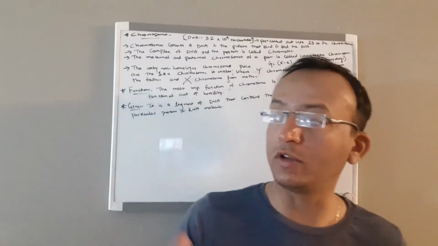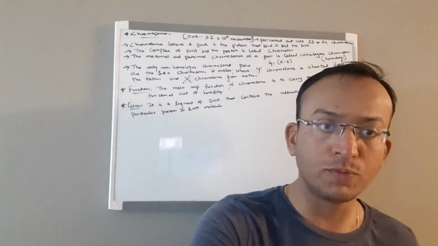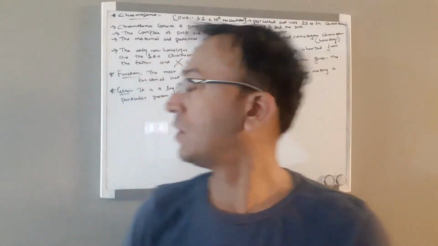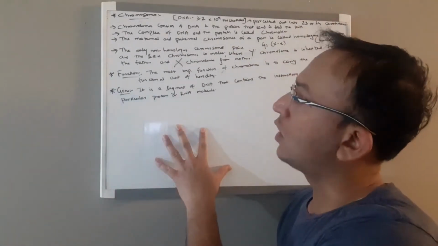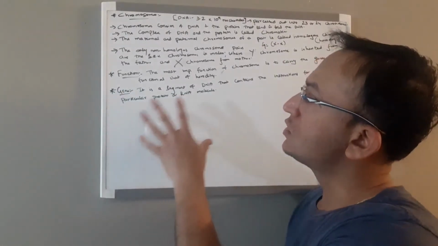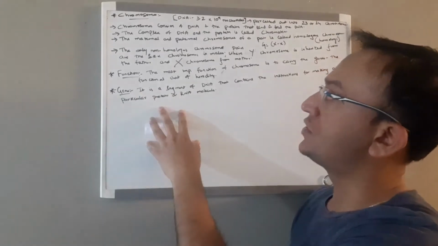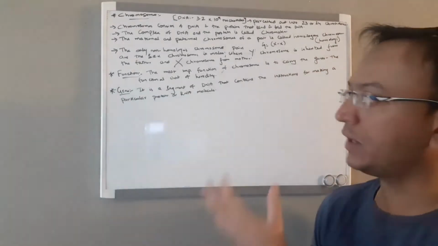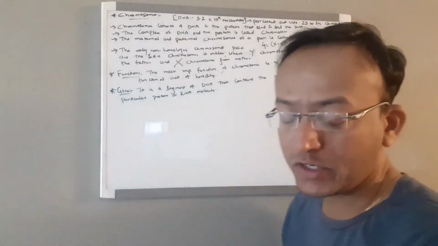All right, and we all know that humans have a total of 46 chromosomes, 23 pairs. So we saw the introduction to chromosomes: what chromosomes are and their function, what genes are and what genomes are. The gene is the segment of DNA and the genome is the entire genetic information.